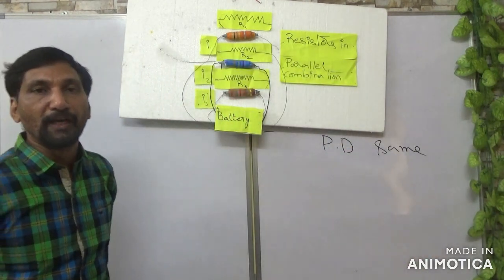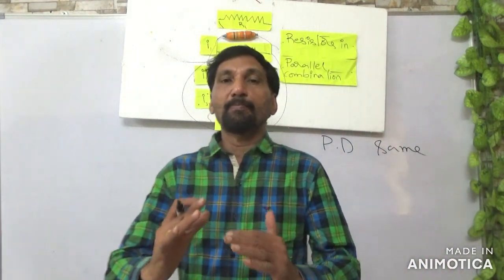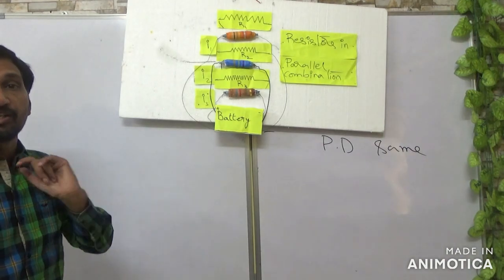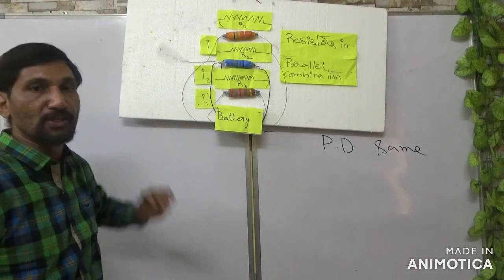How do you define a parallel combination of resistors? A number of resistors are connected in such a way that potential difference across each one remains same.